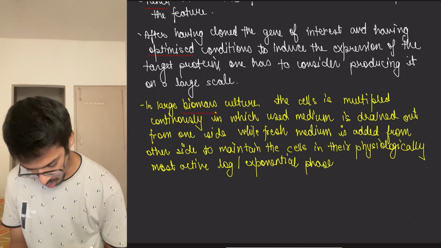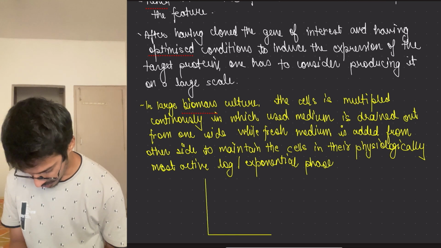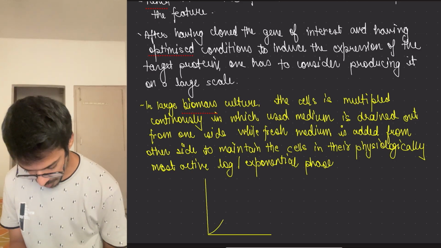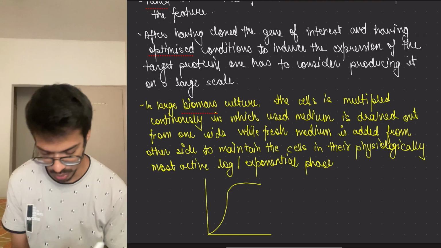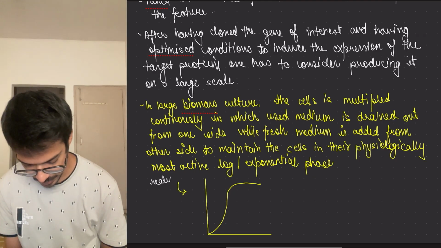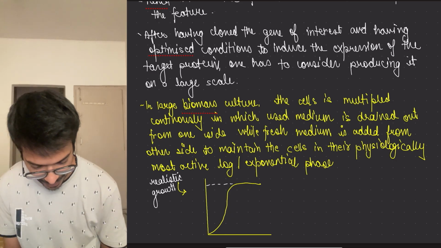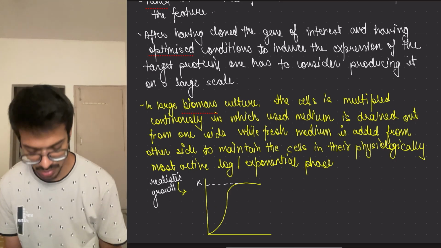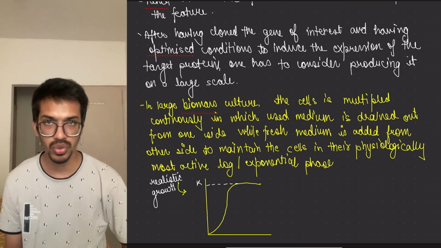So what does this mean? If this is your graph, then the growth would be like this and it will be stable. This is a realistic growth. This is the carrying capacity; we will learn about it. This is the maximum it can carry. After that, the growth will be stagnant. Not much growth will be there.